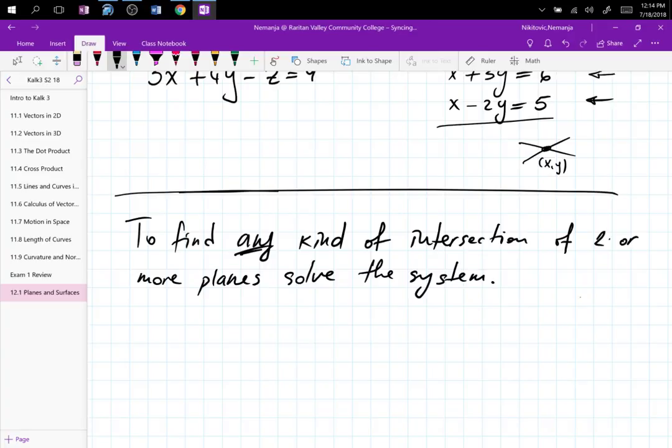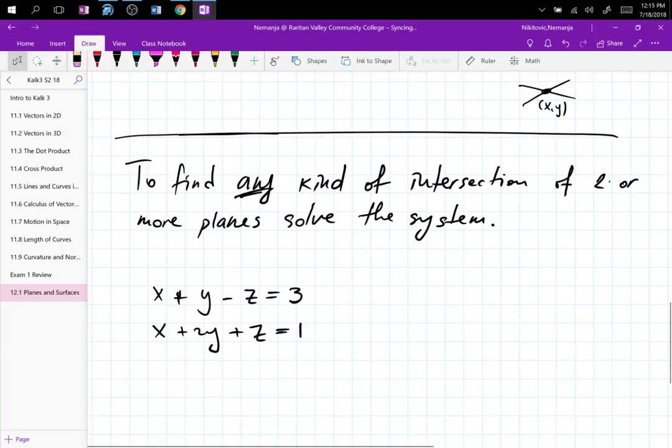That's that. So if you get that x, y, and z are equal to 1, 3, and 5, then they intersect at the point. If you get that you can't solve it... Say you have these two planes given. So this is going to be plane number 1, P1, and plane number 2, P2. You have two equations given. Simply by solving the system, you will see.